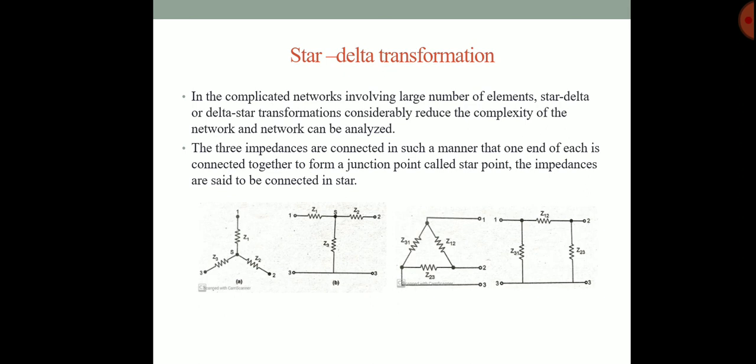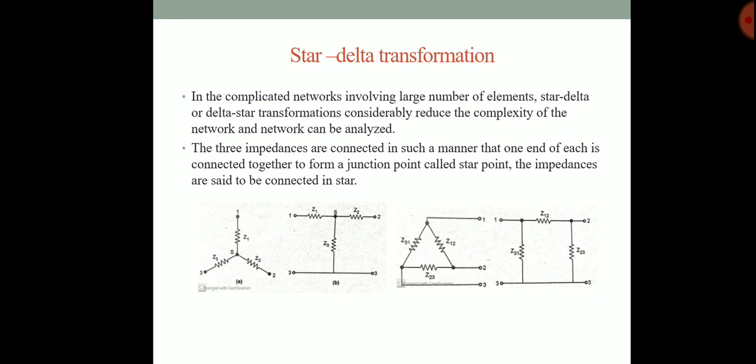This connection is shown in the figure. It can be represented as shown in the figure, which resembles the alphabet T, hence the star connection is also called T connection. If three impedances are connected in such a manner that one end of the first is connected to the first end of the second, the second to the first end of the third, and so on to complete the loop, then the impedances are said to be connected in delta.